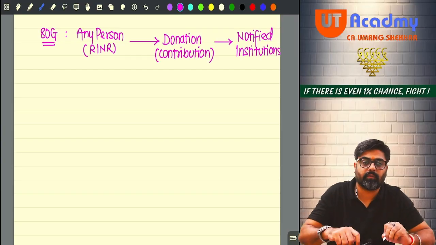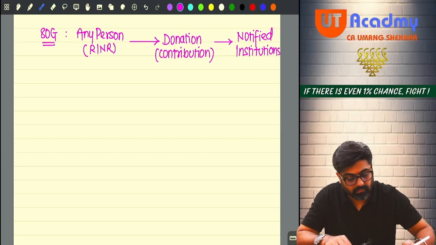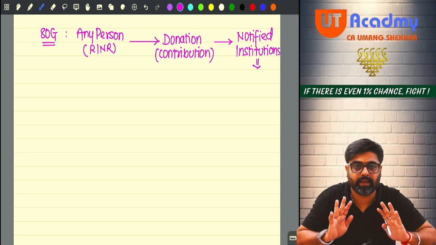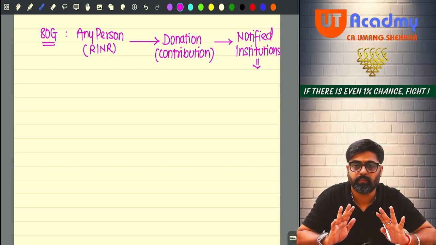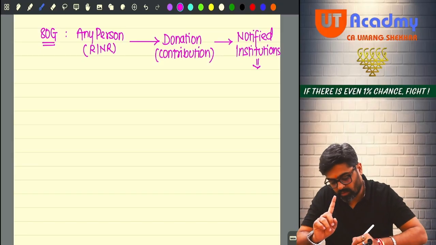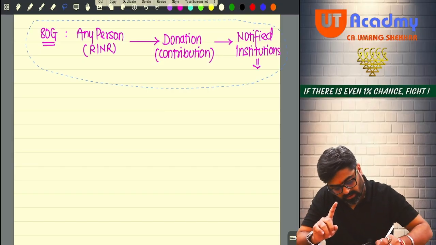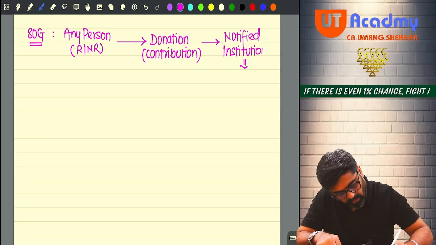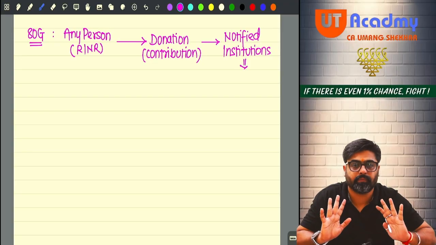Now see what I have done. I have bifurcated these notified institutions into 4 categories. You have to make the donation, but the donation must be made to anyone? No. You have to make the donation to notified institutions only.